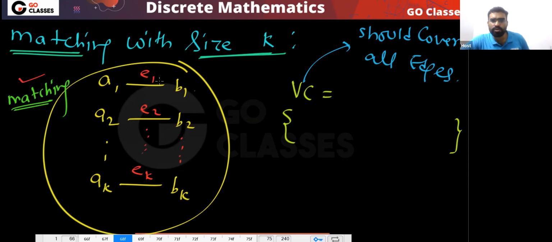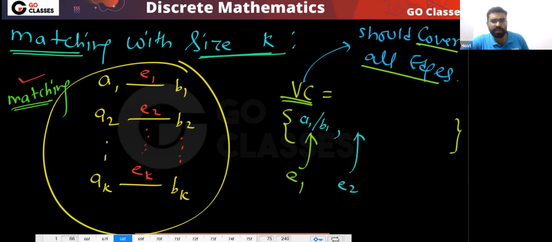Now tell me, what guarantee can you give? This vertex cover size must be at least k, because vertex cover should cover all the edges. Who has the capacity to cover E1? To cover E1, you have to take A1 or B1. To cover E2, you have to take A2 or B2, and so on.